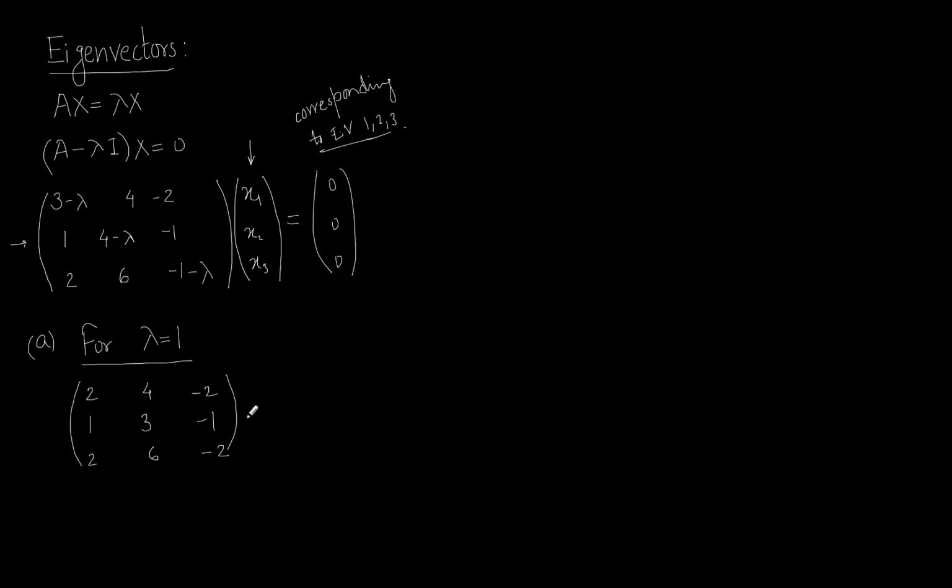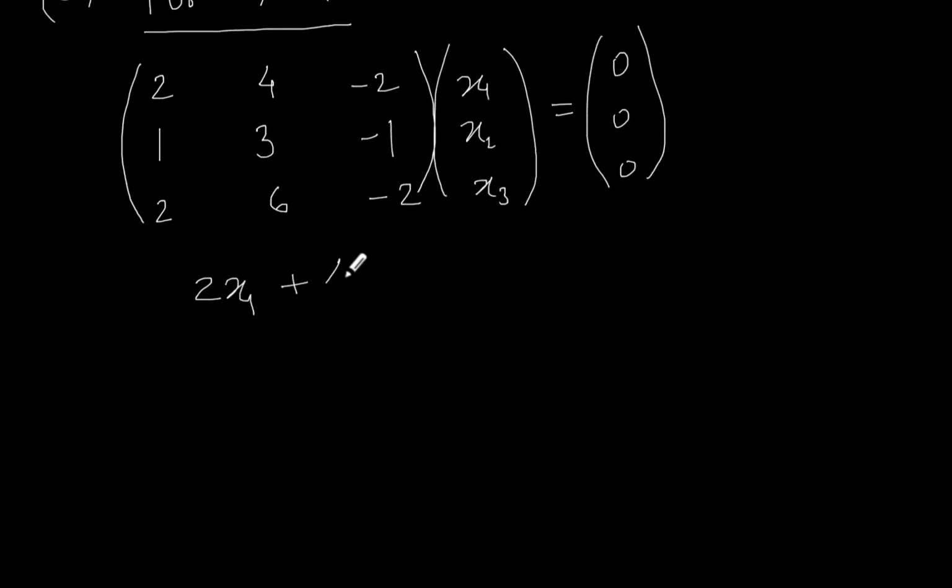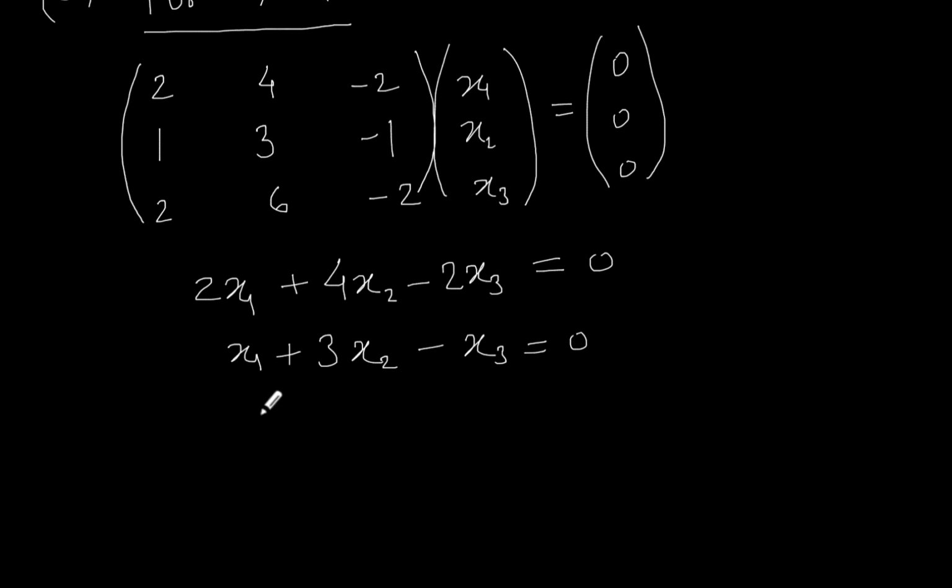Now just multiply this matrix with the vector x. We will get a homogeneous system of linear equations: 2x1 plus 4x2 minus 2x3 is equal to 0, x1 plus 3x2 minus x3 is equal to 0, and 2x1 plus 6x2 minus 2x3 is equal to 0.